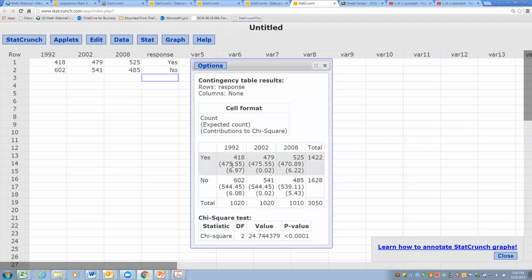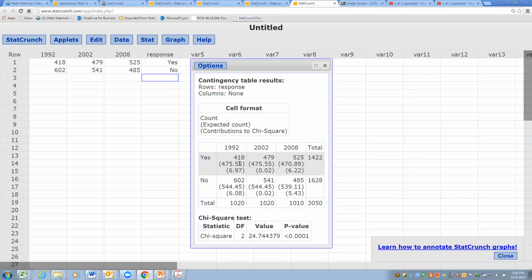It shows us the expected count that we did in the slides. The 6.97 represents the difference between the observed and the expected. So it's 418 minus 475.55.